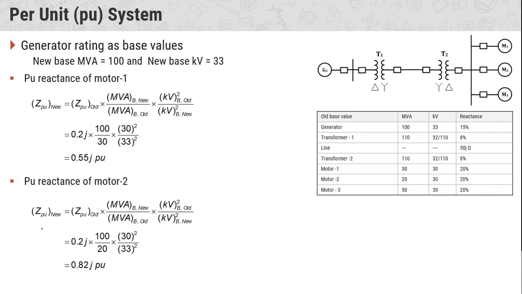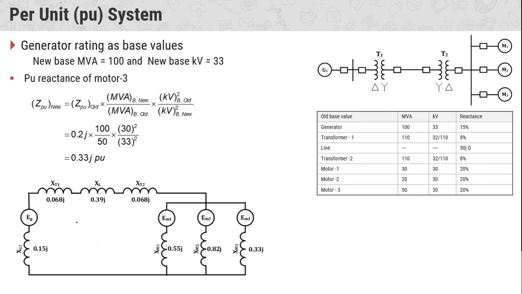Same for motor 2 and then motor 3. Now write down all the per unit impedances for each and every component. The generator can be written as a generator with a series reactance, and its value is 0.15 j. This is the X_T1. The transformer is represented as a single reactance.